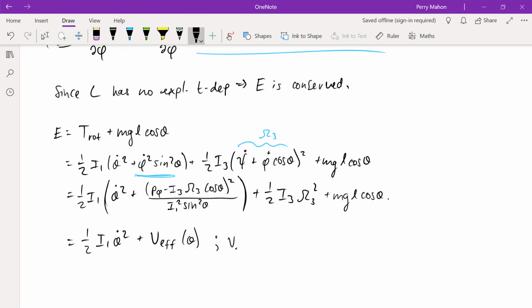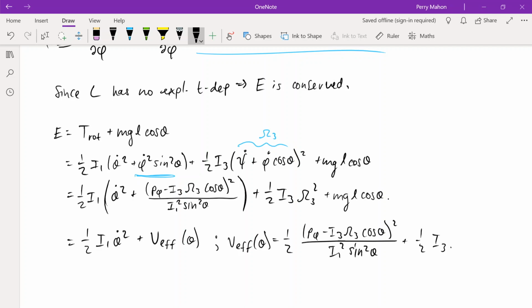Right, so here, just to be explicit, V effective of theta is equal to, right. So this is what we have for the effective potential.